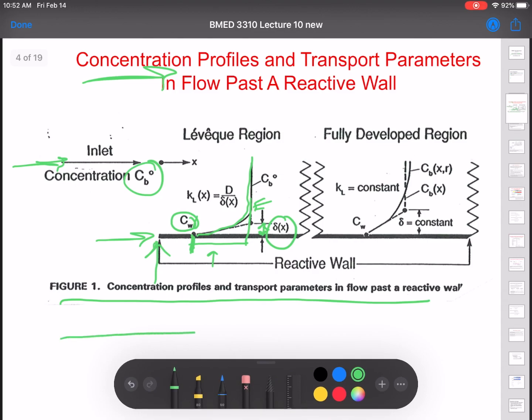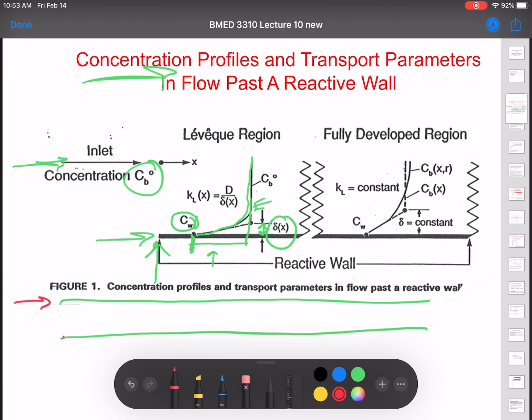So I'm going to draw the tube, and so you can see what happens in the entry region. Let me use red. As we come in here, right now I'm talking about the velocity. I'm going to draw the velocity.